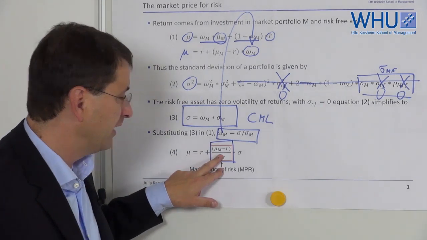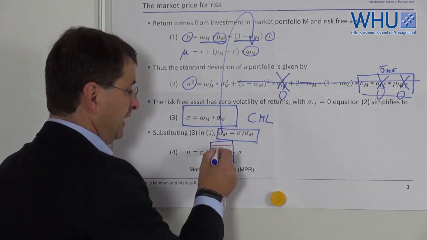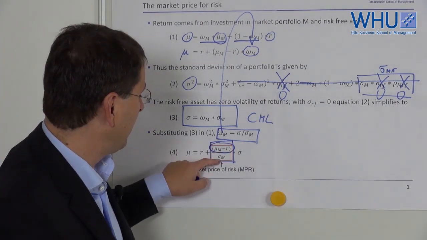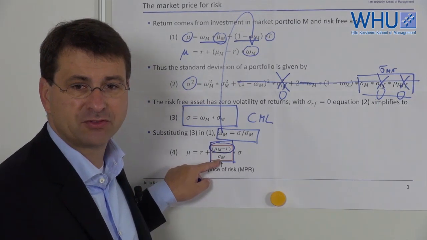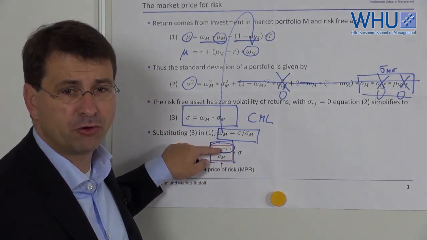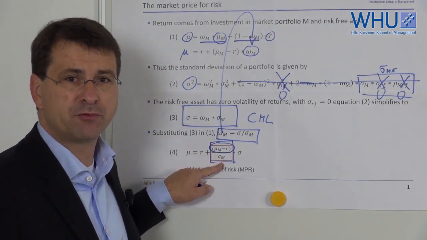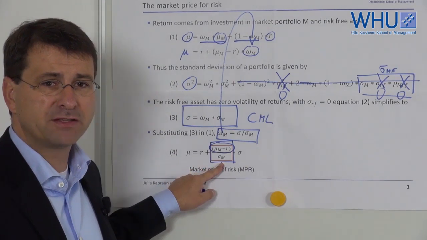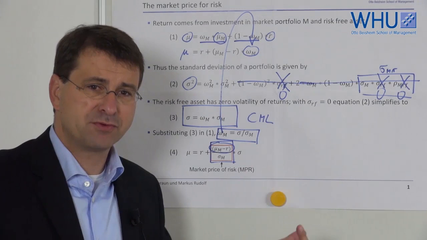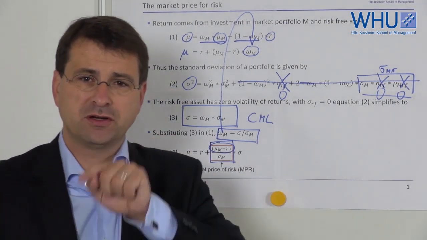That is the steepness parameter of the capital market line. And secondly, and that's the reason why it's called market price of risk, it is the expected excess return on the portfolio M divided by sigma M. So to say, this is the extra return on portfolio M for each unit of risk that portfolio M reveals. So the market price of risk is the extra return that you can expect when you buy a risky asset instead of buying a riskless asset, for each unit of risk.